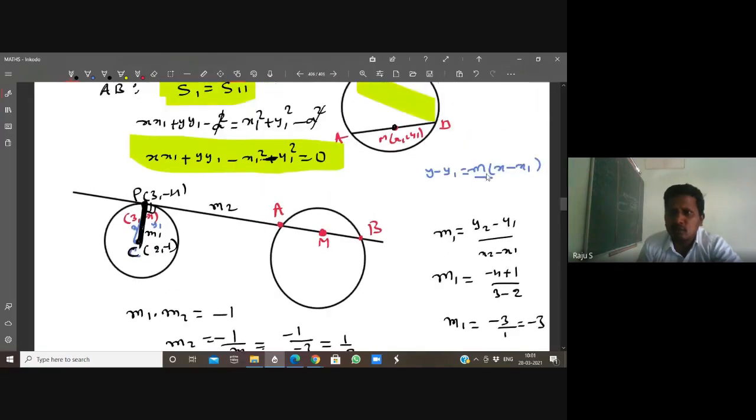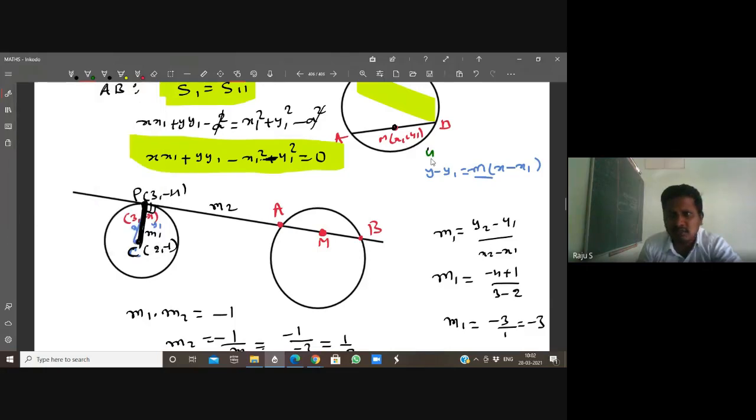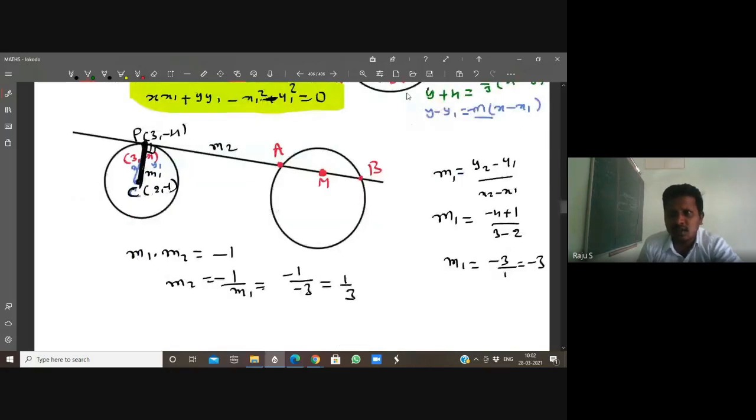So we know the slope, we know the point. What is the equation of the tangent? The tangent equation is y minus y1, that is y plus 4, is equal to the slope 1 by 3, then x minus x1, where x1 is 3. Now simplify this. You can cross multiply the 3.